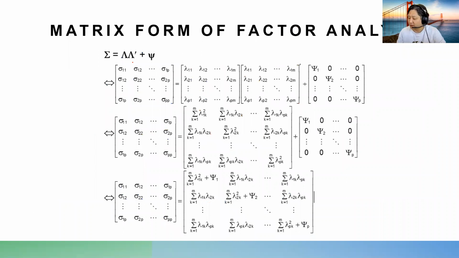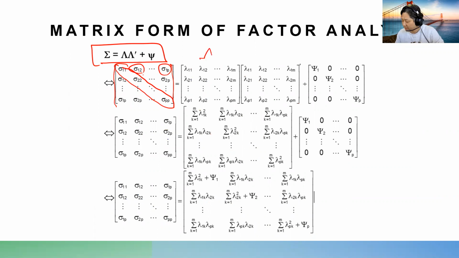This is the formula form. This is our covariance matrix, where the diagonal holds the variances and these are all the covariances between 1 and 2. This is the factor loading matrix times the transpose of the factor loading, and this is psi. If you multiply this out, 1 times 1 gives this term, and 1 times 2 gives the covariance, so we get this matrix.